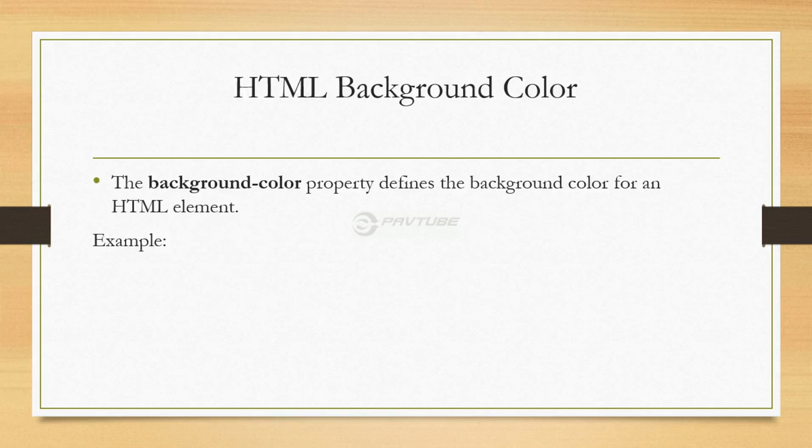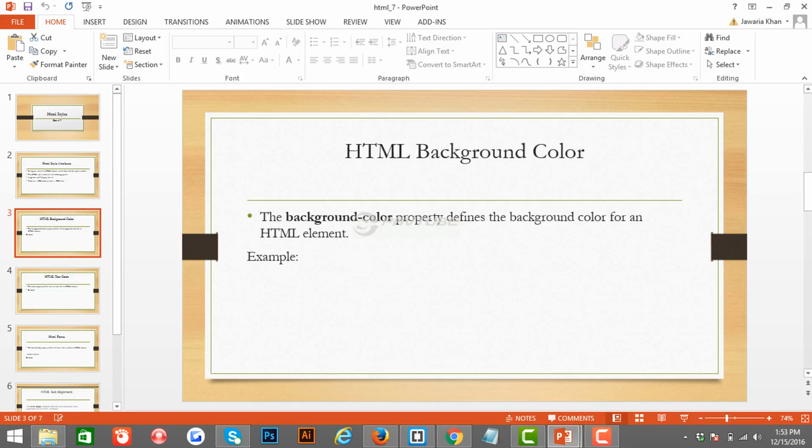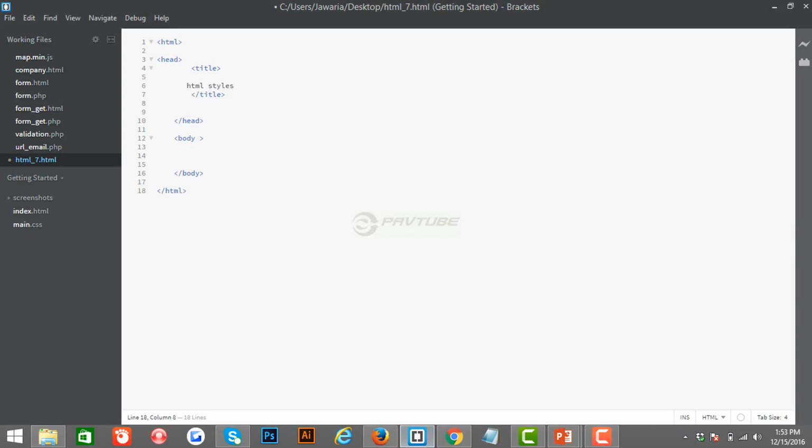We are with some of the properties. The first property is the HTML background color. Background color property defines the background color for an HTML element. We will do the practical example for this purpose. I have already written the basic structure inside the text editor. Here we have HTML starting tag, HTML ending tag, body tag, head tag, and inside head tag we have the title tag as well.